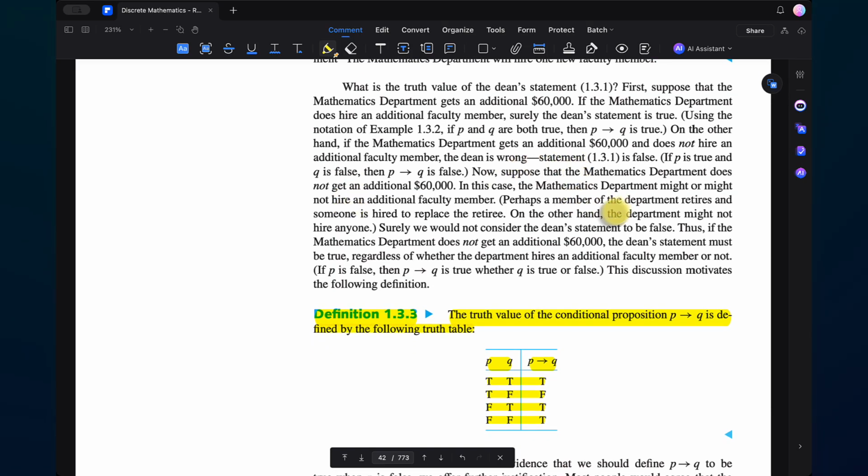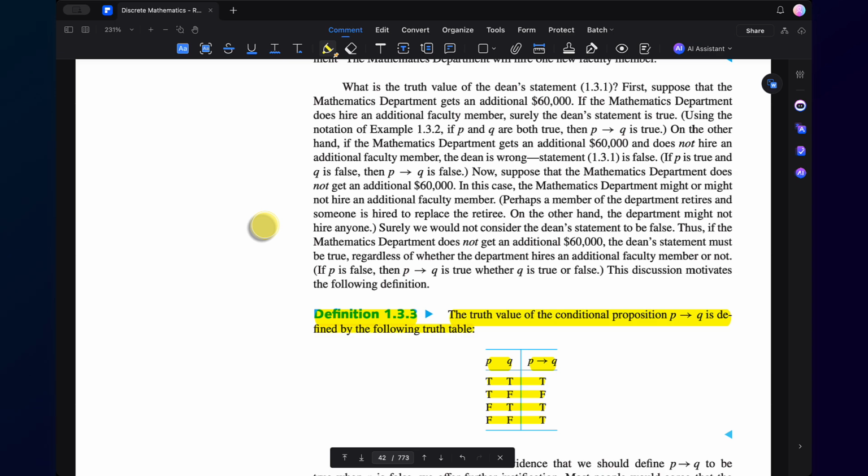Now, suppose that the math department does not get an additional $60,000. So they don't get the money. In this case, the math department might or might not hire a new faculty member. Maybe they hire somebody because they're replacing a retiree or something like that.